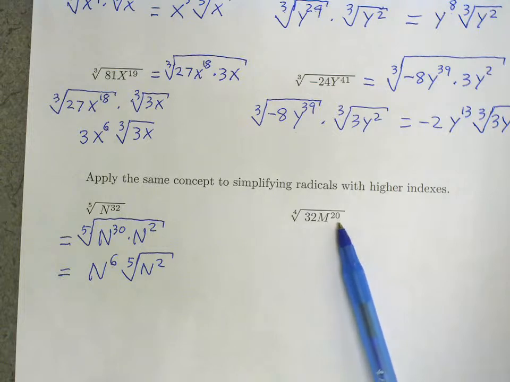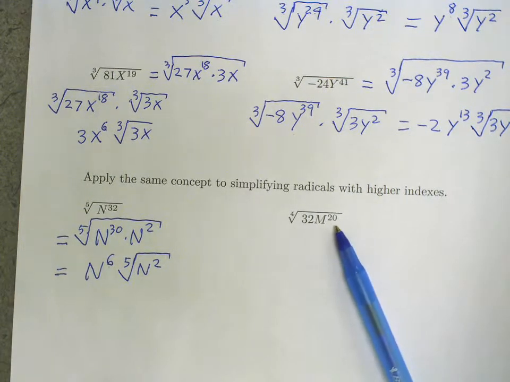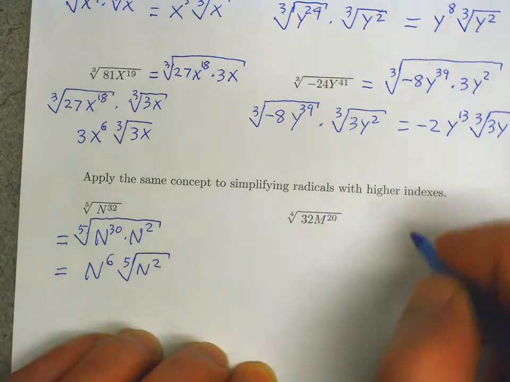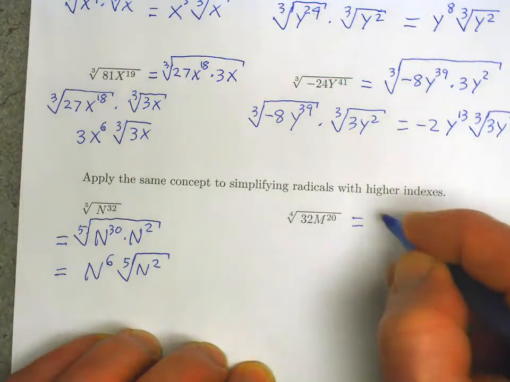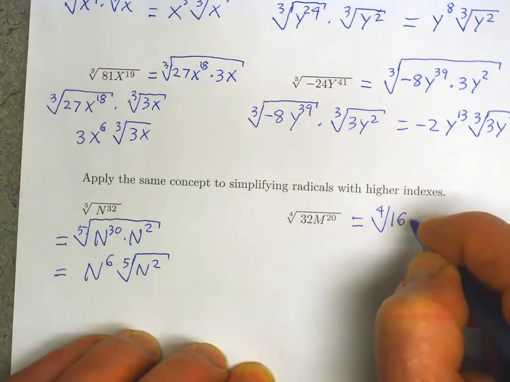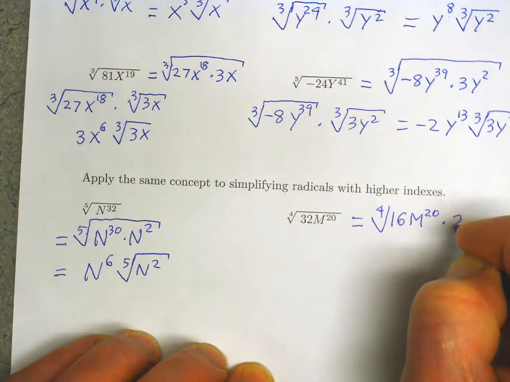M to the 20th is a perfect fourth power because the exponent 20 is a multiple of 4. Okay, so we'll rewrite this as the fourth root of 16 times m to the 20th times 2.